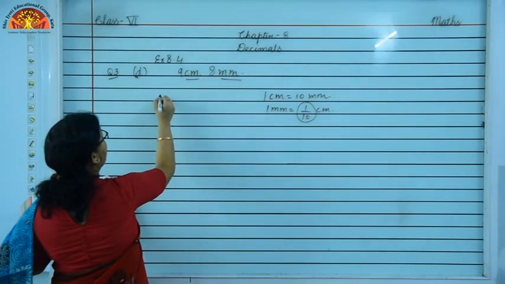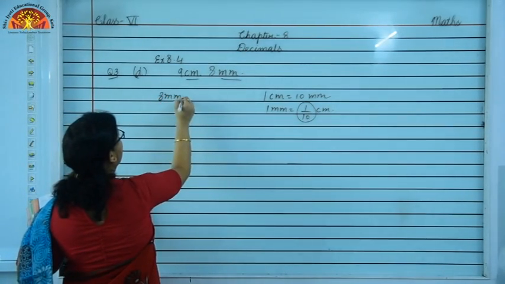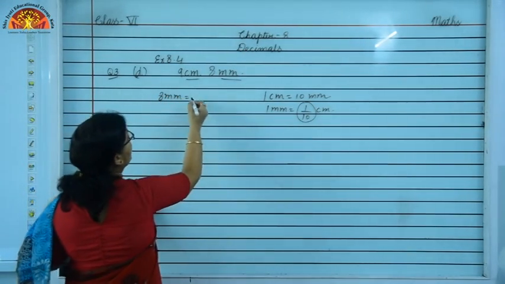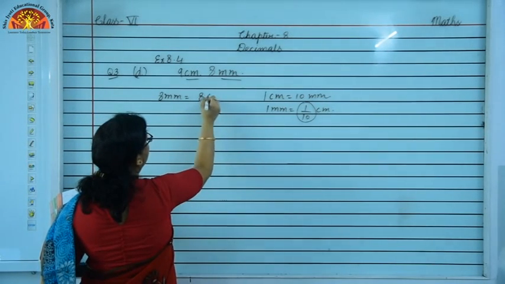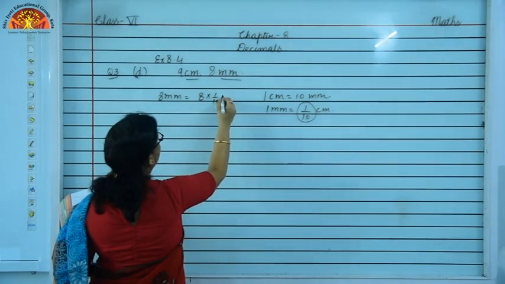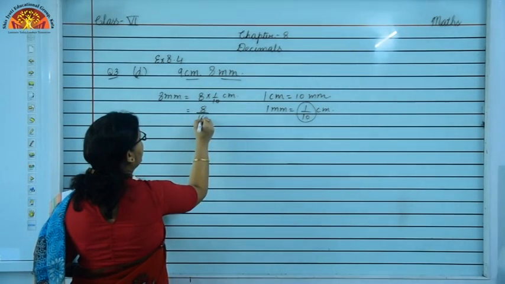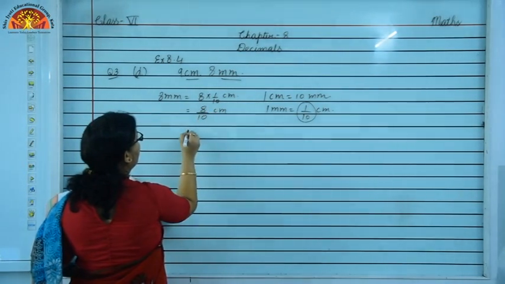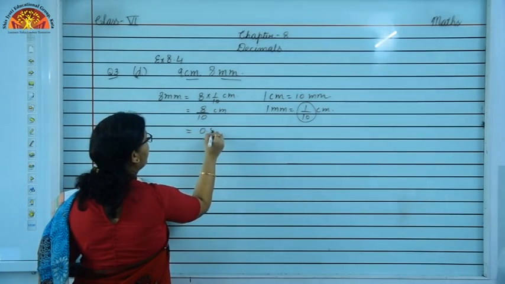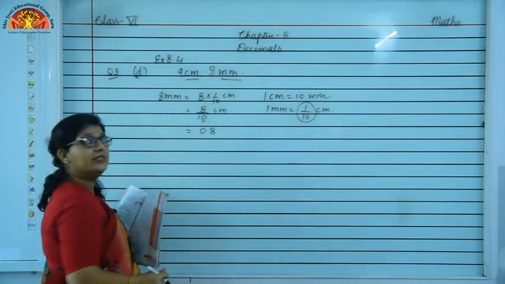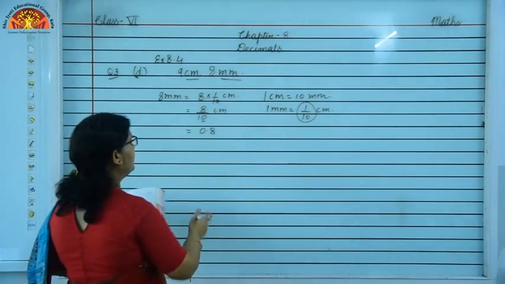Now students, 8 millimeter is equals to 8 multiplied by 1 upon 10 centimeter. So it is equals to 8 upon 10 centimeter, or it is equals to 0.8 because we have 1 zero in the denominator.